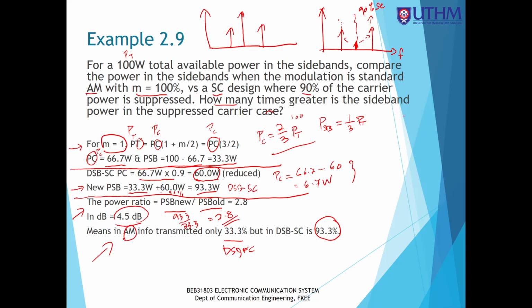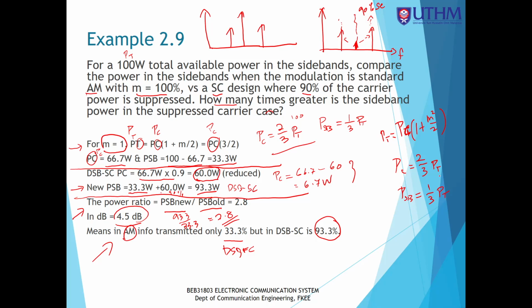Based on the equation, total power PT is PC times 1 plus M squared over 2. So when the modulation index is 100%, PC is 2/3 of the total power, whereas the sideband power is the remaining 1/3 of total power.